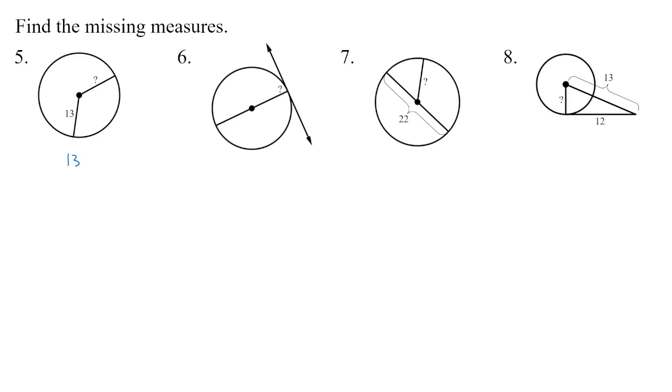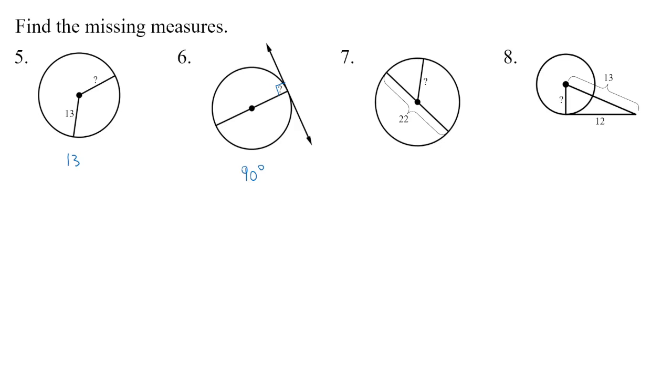You can also say that a radius intersects the tangent at the point of tangency. Remember that if a radius intersects a tangent at the point of tangency, that means it is perpendicular to that, meaning it forms a right angle. Therefore, it is 90 degrees.